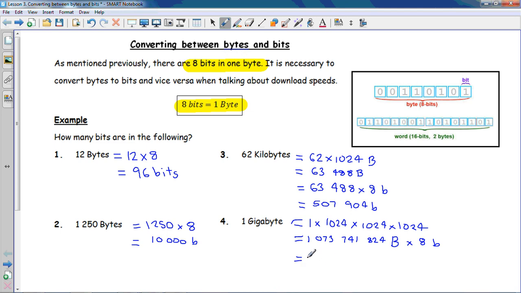So when I do that, I'm going to get 8,589,934,592 bytes. Sorry, bits, little b.